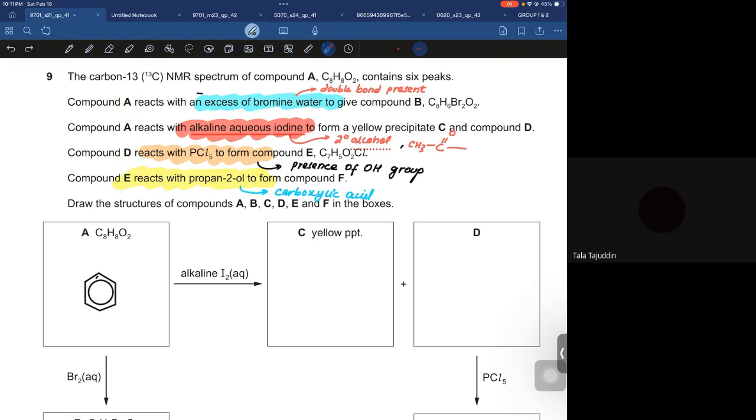Your A must have the double bond, which is this, and your A must have this group. So I can just imagine that this is going to be just like that.